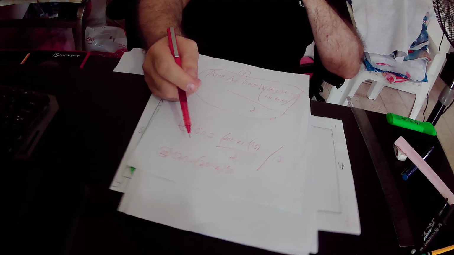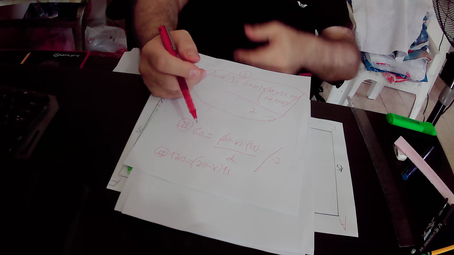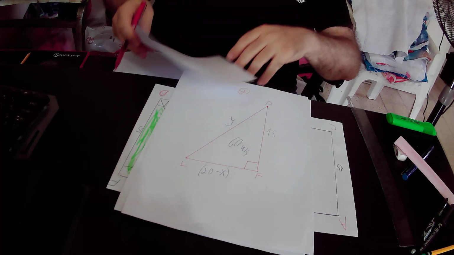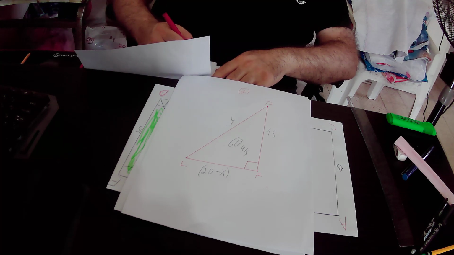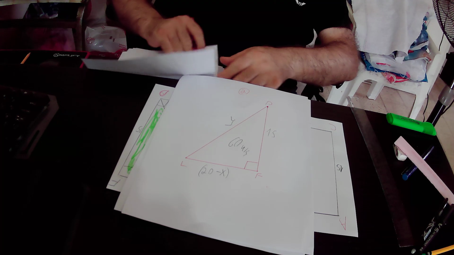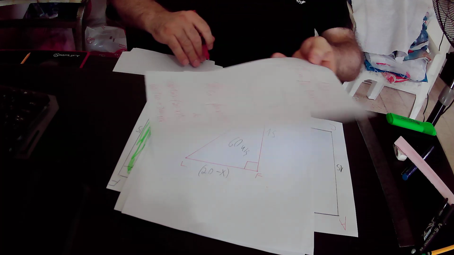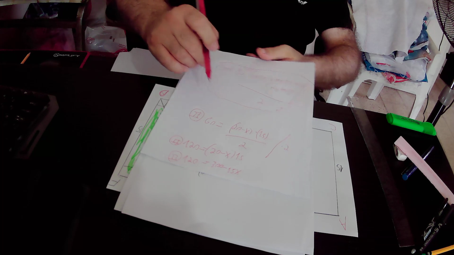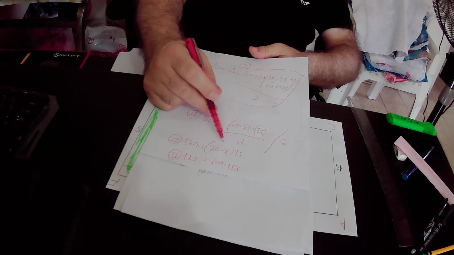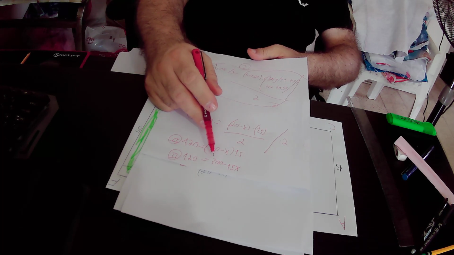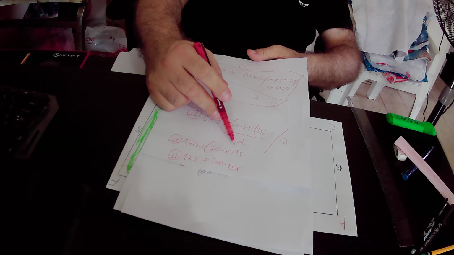We will open the brackets in this second equation. 20 times 15 is 300, and x times 15 is 15x.